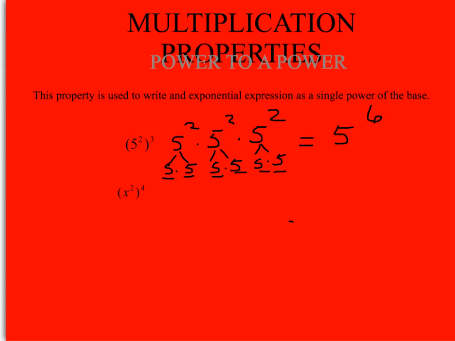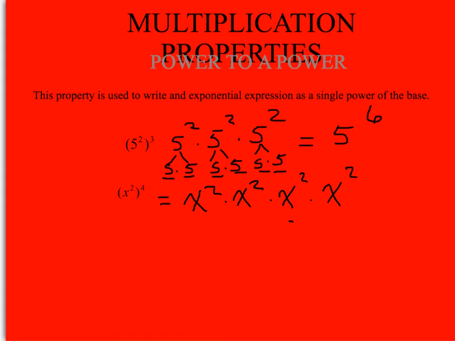With variables, you're going to do the same thing. You take the outside exponent 4 and apply it to what's inside the parenthesis. So this would be x to the 2nd power multiplied by itself 4 times.